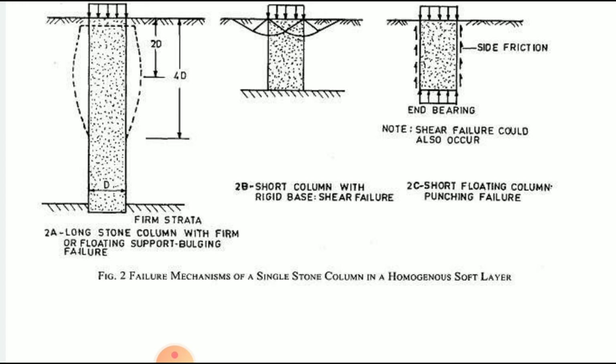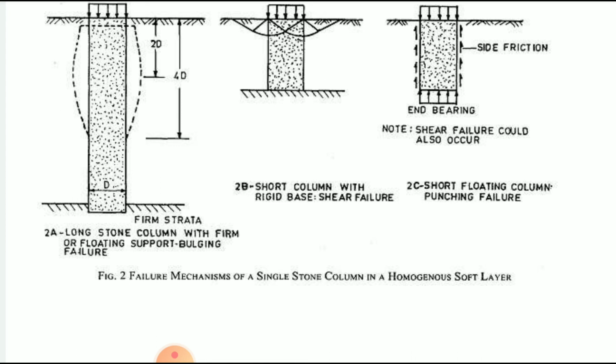From the ground level to a certain distance, the distance is 2d, and from ground level to the full portion of the failure it is 4d, where capital D is the diameter of the stone column. Second is figure 2b, a short column with a rigid base, which shows shear failure.